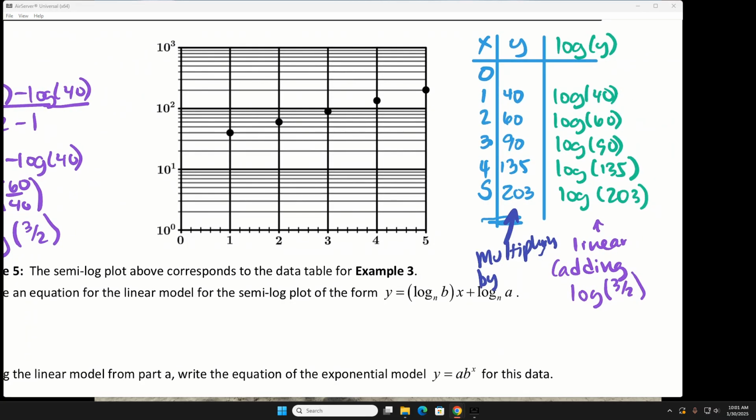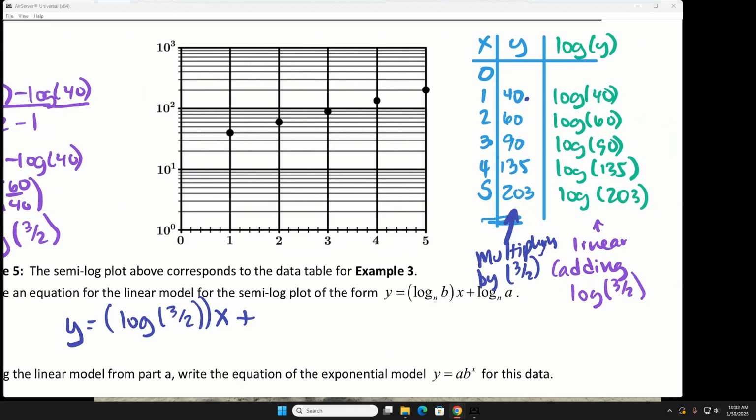Not the log, just the 3/2. So 40 times 3/2 is 60. 60 times 3/2 is 90. Just like it was in the other column. This is kind of a tough concept to understand. But our slope of the linear model is log of 3/2. That's going to go in front of x.